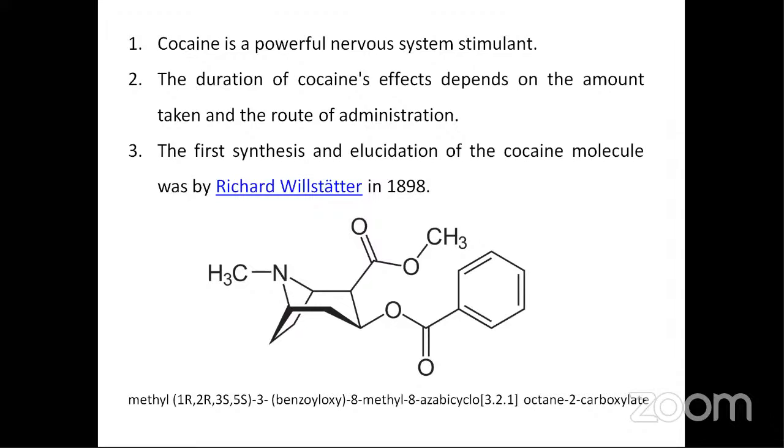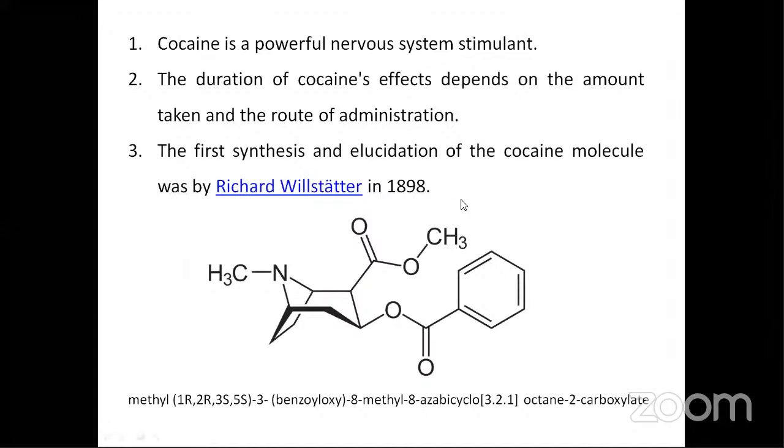Cocaine is a powerful nerve stimulant. The duration of cocaine's effect depends on the amount taken and the route of administration. The duration of action mainly depends on how much concentration you have used, and whether it is given by the topical route or injected through the vein.